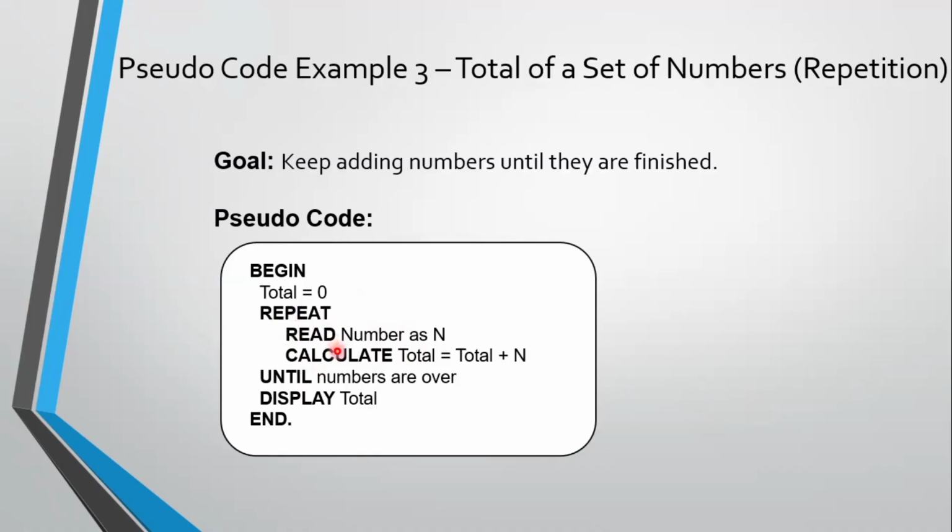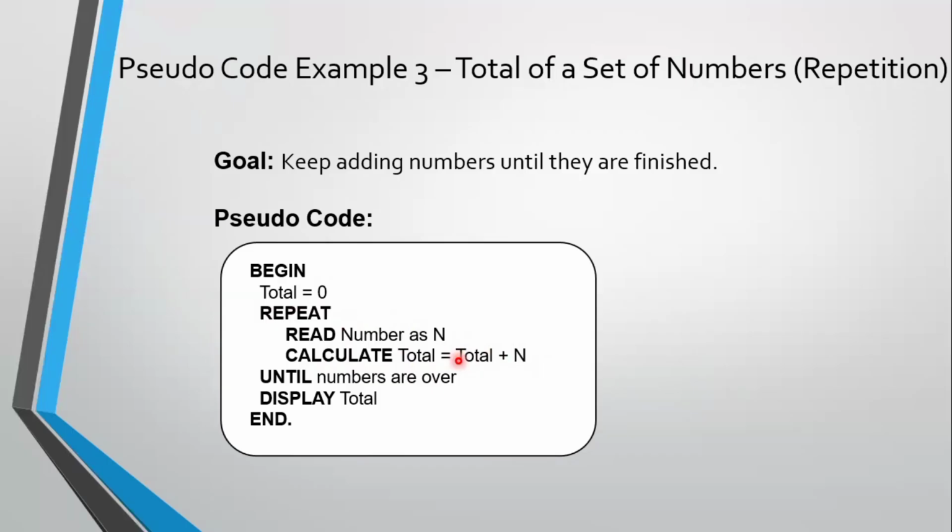now let's look at what we should repeat. First, we should read the number. Let's take the number as n, according to this example. Now we should calculate the total. The current total is 0 and we should add this n value to the current total.